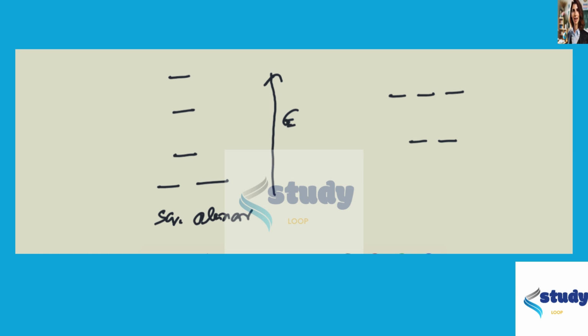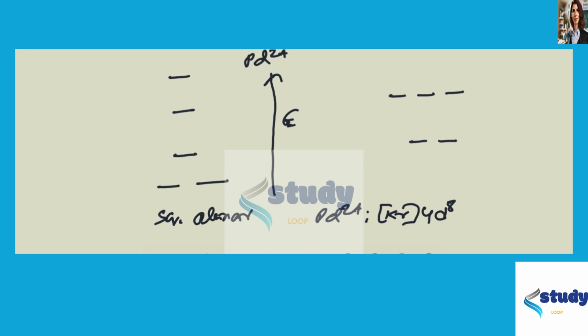In this complex, we have Pd as our central metal ion, Pd2+. We can write it here. Pd2+ has an electronic configuration of krypton 4d8.